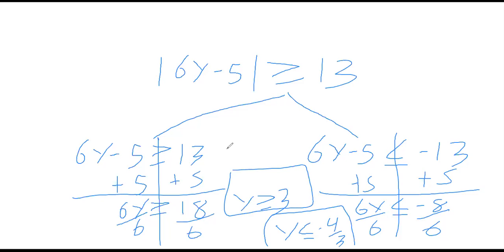Okay, now what we would need to do after this, so we have our two solutions, which are y is greater than or equal to 3, and y is less than or equal to negative 4/3.